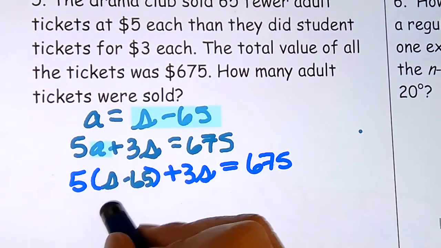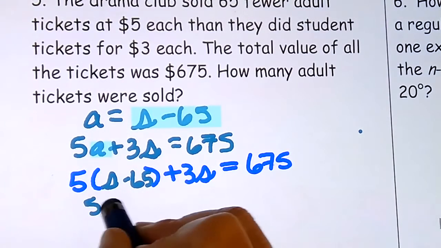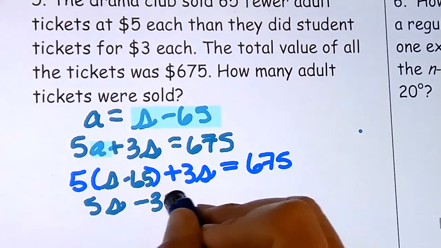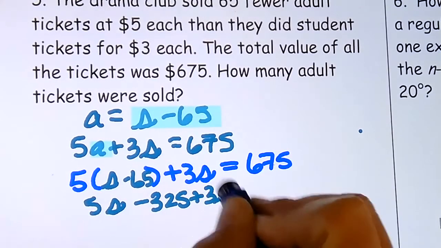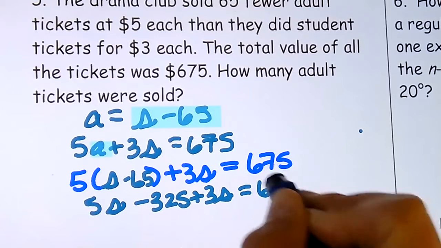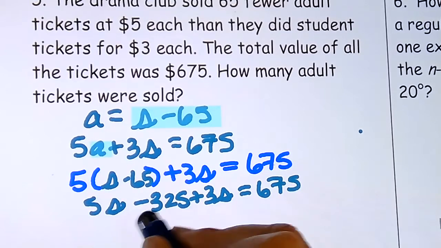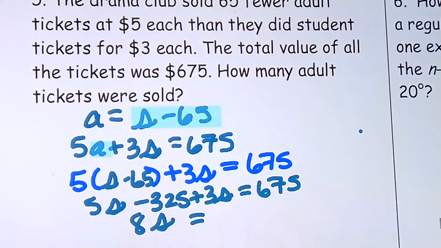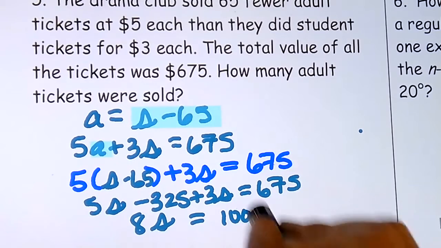So I'm going to distribute. I get 5S minus, let's see, 65 times 5 is 325. So this is minus 325 plus 3S. Okay, I'm going to clean this up. So I'm going to get 8S is equal to, and I'm going to take the 325 over also. So I'm going to add it to my 675 and I get 1,000.